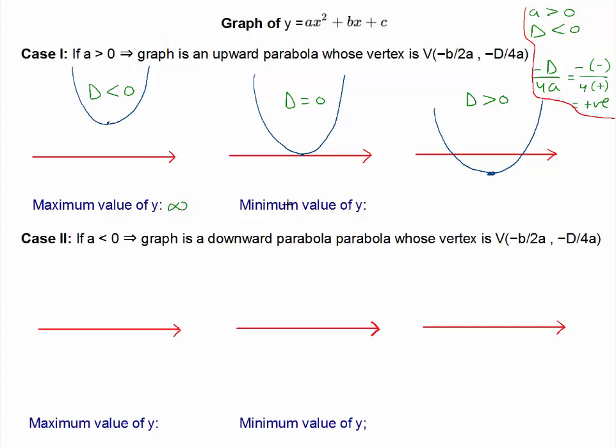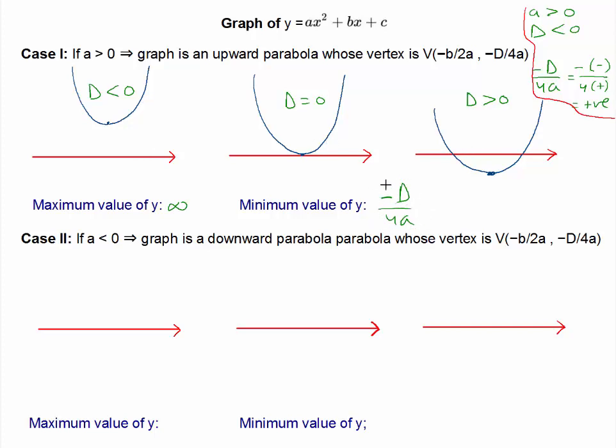Minimum value of y means the least value of the y coordinates of these points. If you realize, the least value of the y coordinate would be the y coordinate of the vertex, which in this case is minus D by 4a. So this formula will work for all the three cases.